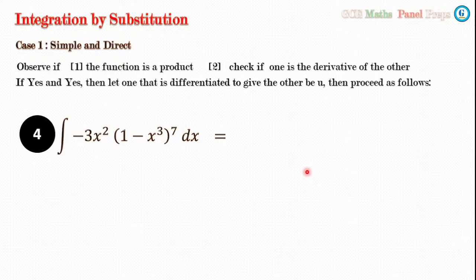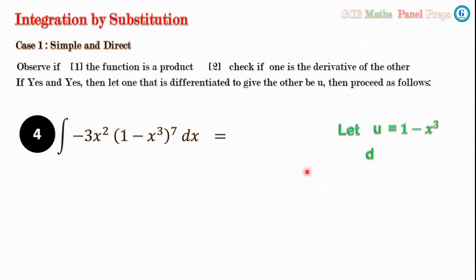Alright, so we look at this question as well. If we differentiate the core of the (1 minus x to the power 3) all raised to the power 7, that gives us minus 3x squared. So we'll start by letting 1 minus x to the power 3 be equal to u.